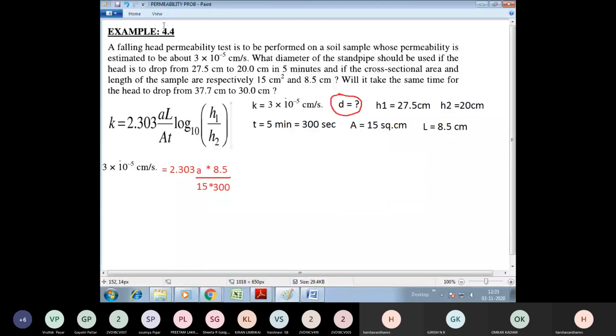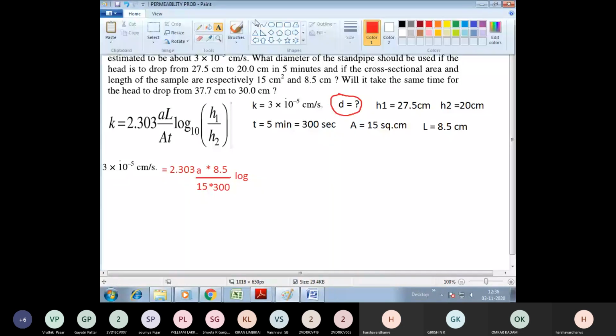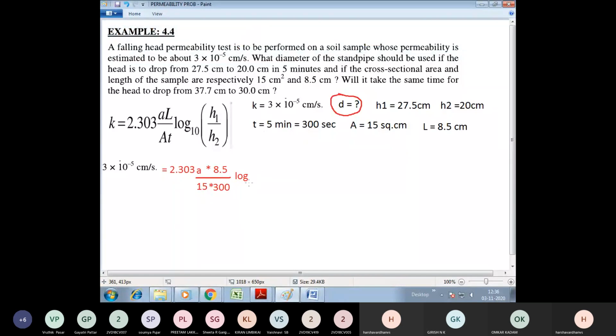Next, we have log to the base 10 of H1 by H2.